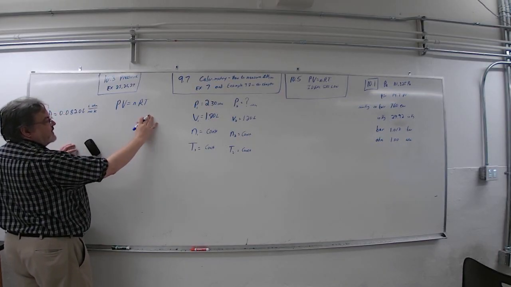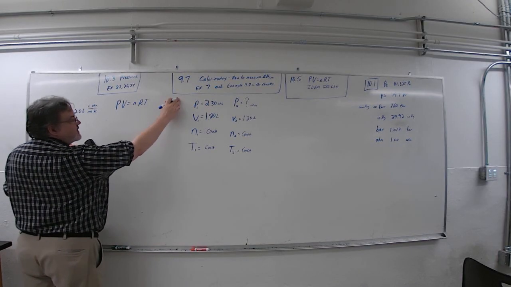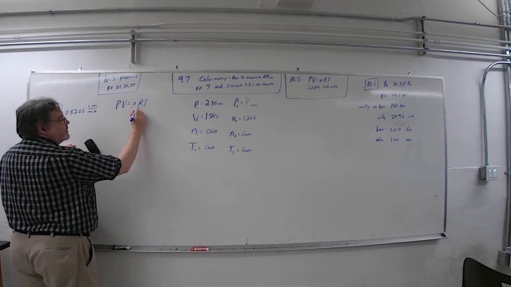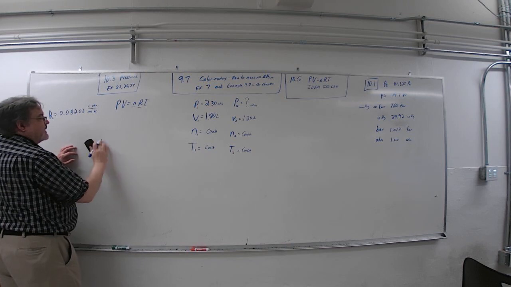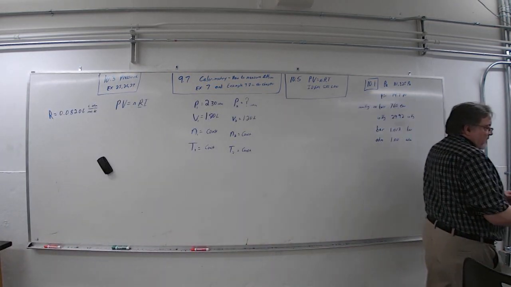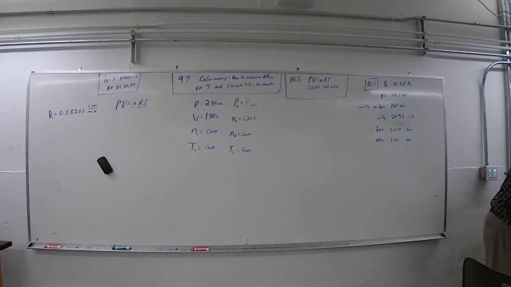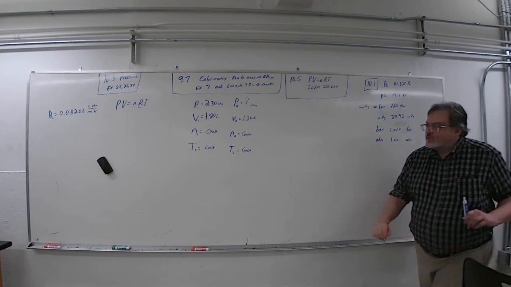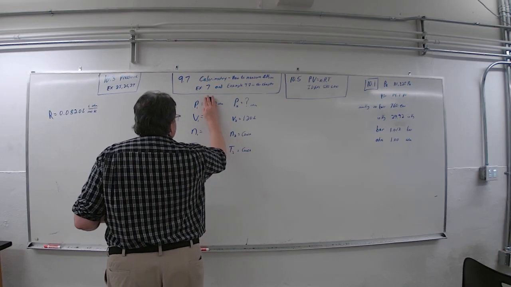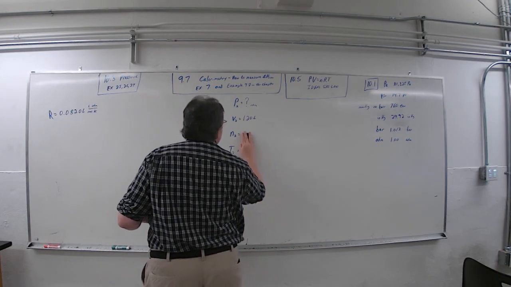If you just write down PV equals nRT, it's pressure and volume that are changing. n isn't changing, T isn't changing, R will never change because it's a constant. Let me skip up to the one that needs algebra.